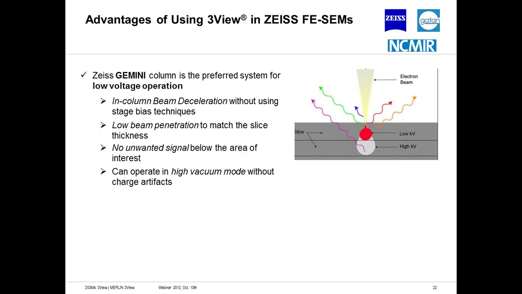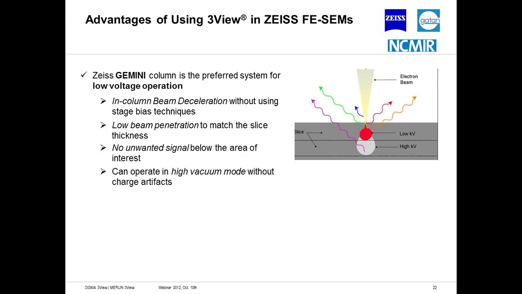So the penetration depth is very low, and that means you are getting only the signal from the top surface of the sample, which you cut away afterwards. If you have too high currents, you will go too deep into the sample, and you will get signal from a depth that you don't want, because you want to have that signal later with a later slice.